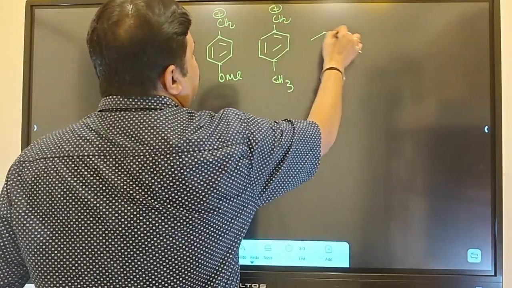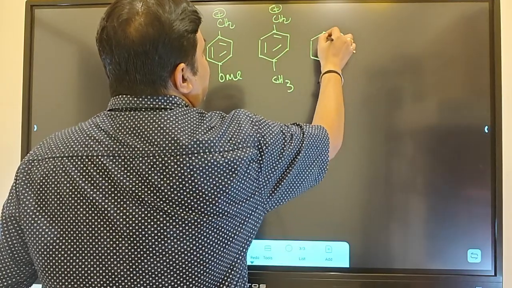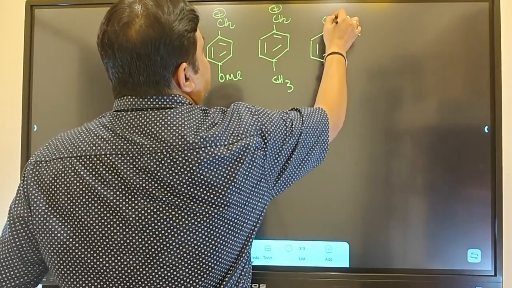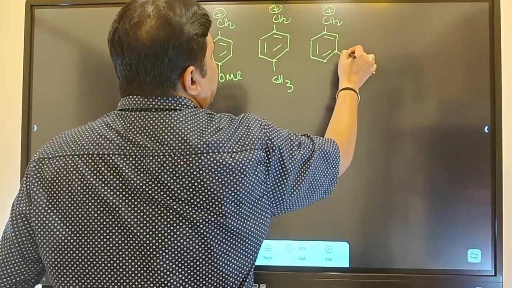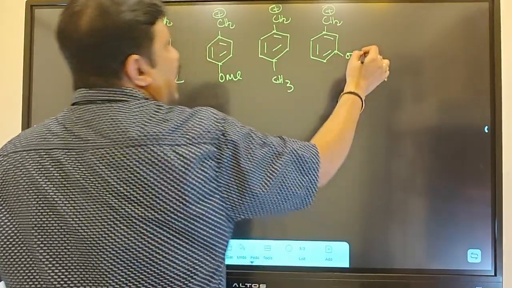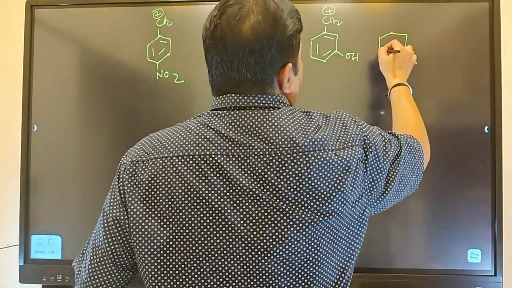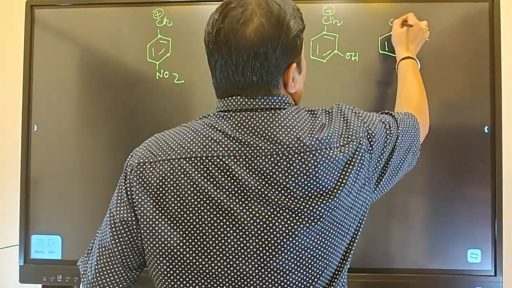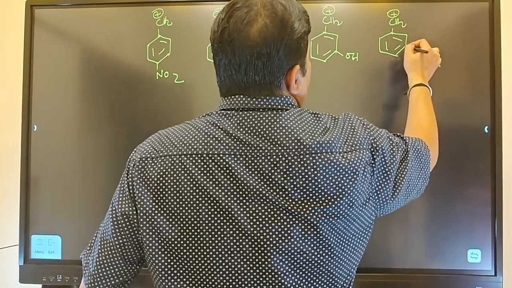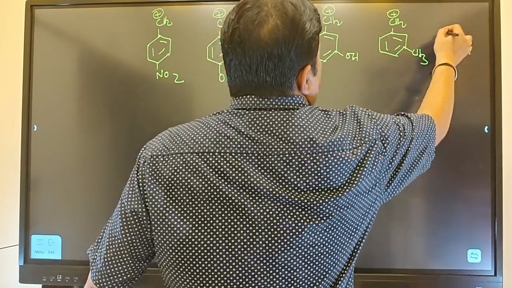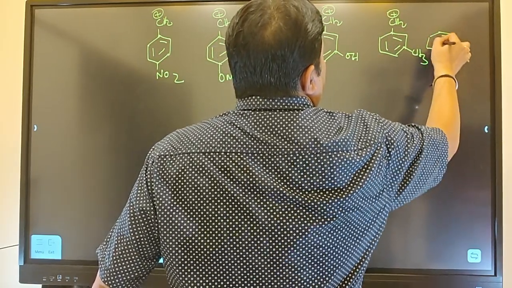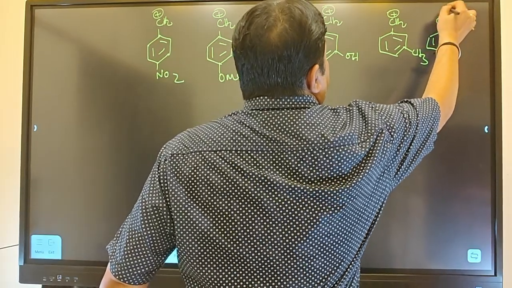Now here I am giving you CH2 plus, and here OH, and here CH2 plus, and here CH3. Now here I am giving you only benzene. This many things I am providing you.